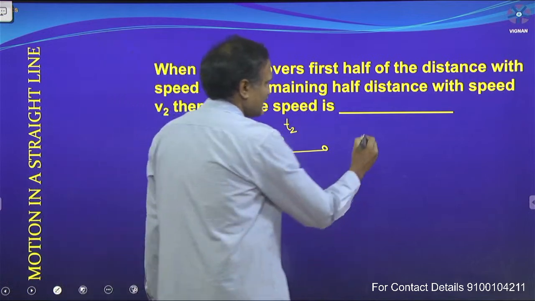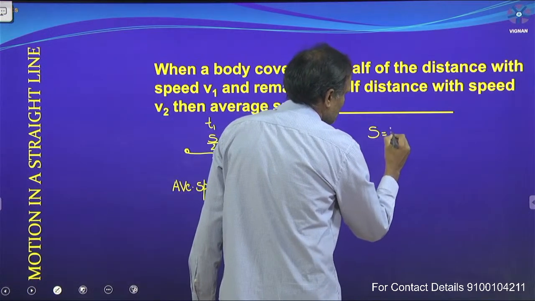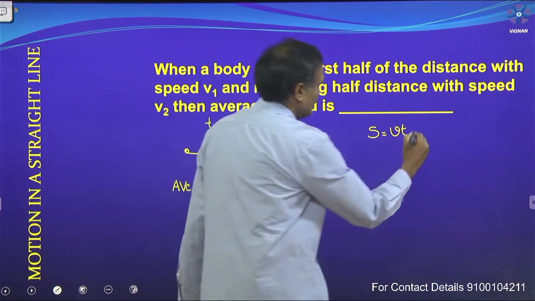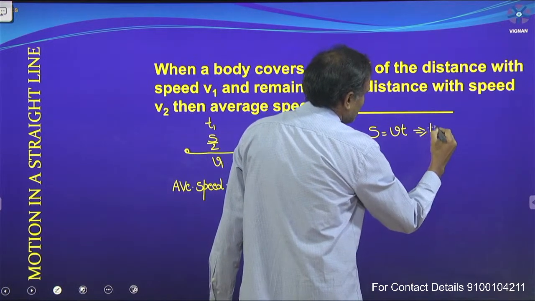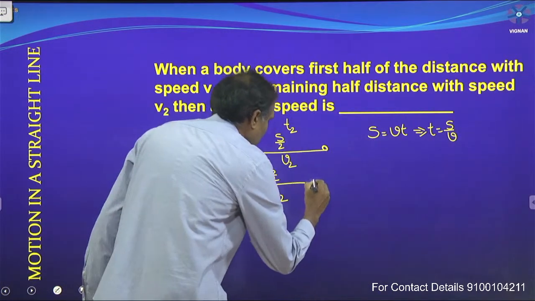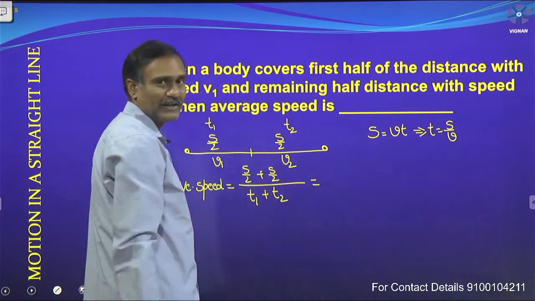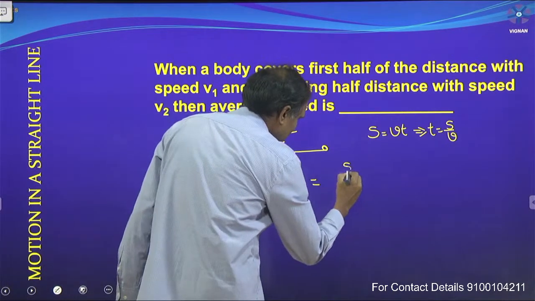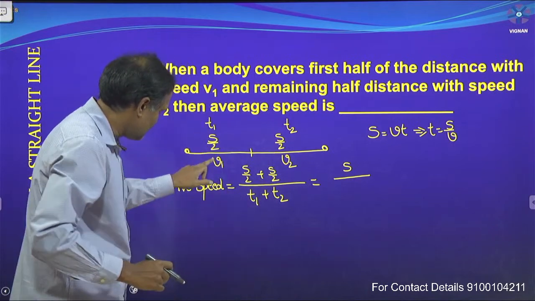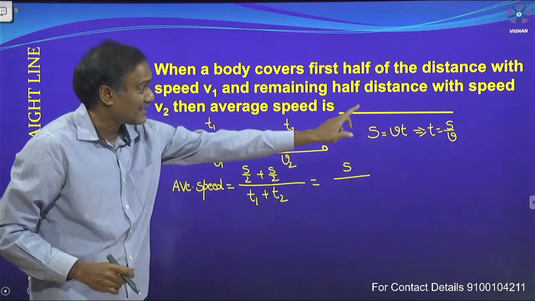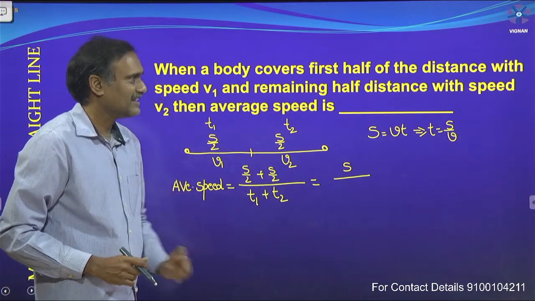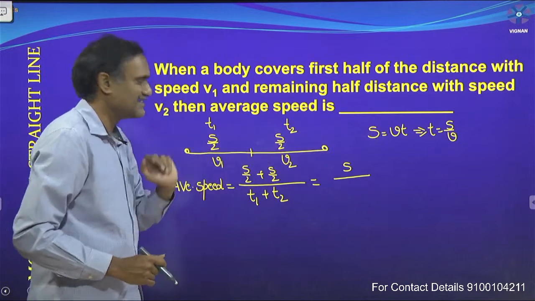Also we know that displacement s is equal to average velocity into time interval, so the time interval t is equal to s divided by v. Now, t1 is s by v, but instead of s, s by 2 is there, and instead of v, v1 is there.